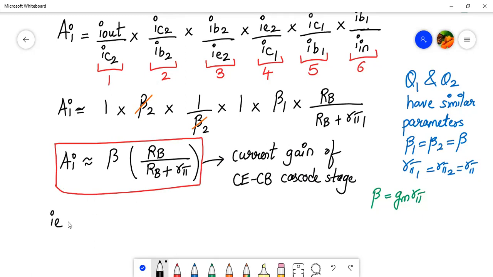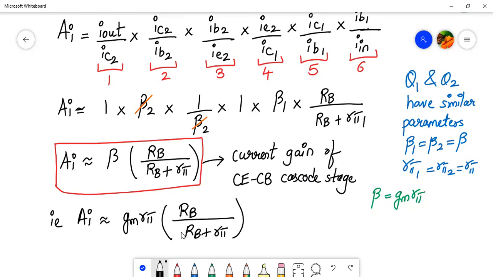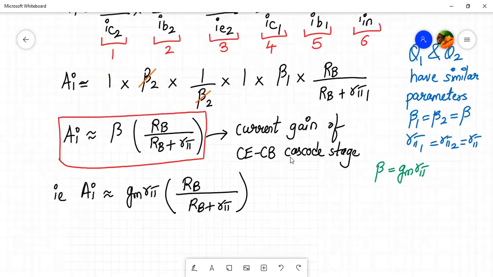Or we can also write AI is approximately equal to Gm into R pi into RB upon RB plus R pi. It's just an alternate form. Both the above expressions are one and the same, right?